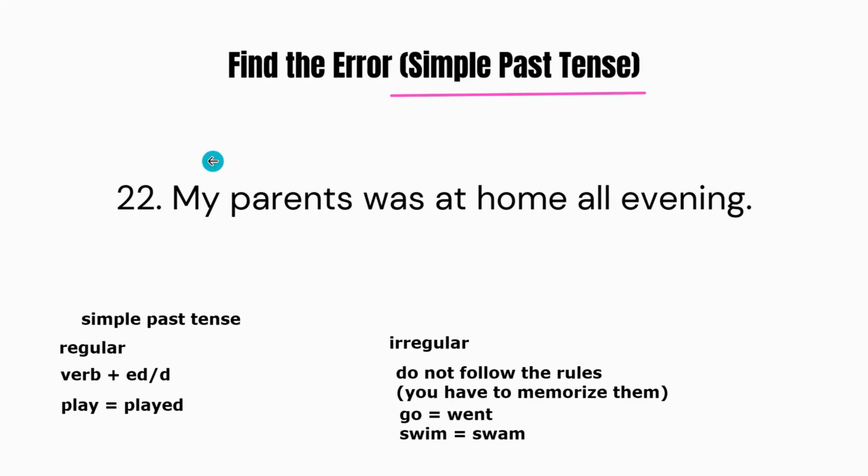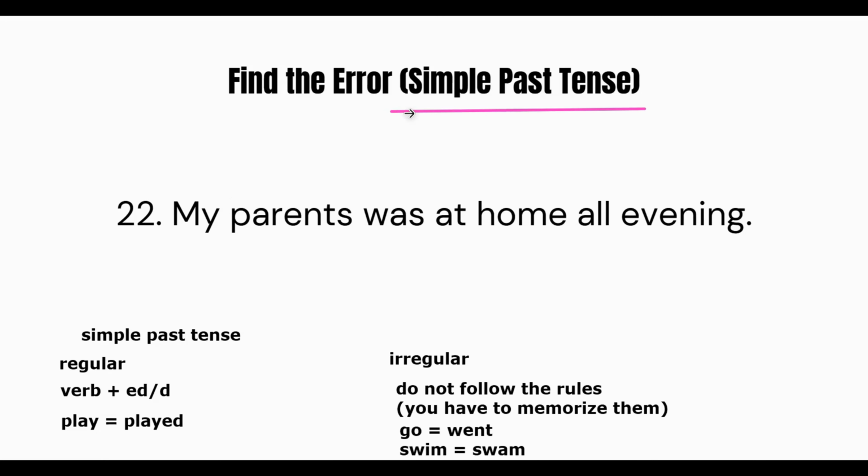22. My parents was at home all evening. Yep. So to review, when your subjects are he or she or it or a singular noun, then we would say was.